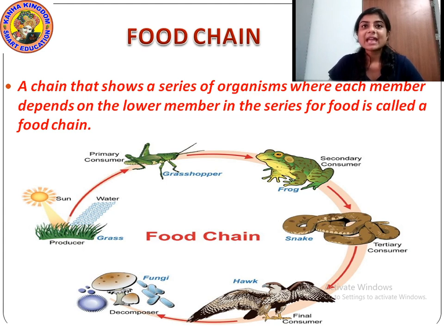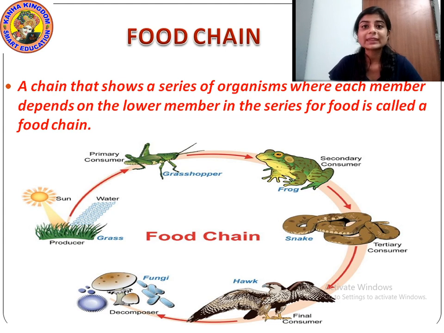See, plants are eaten by cow or insects, yes or no? Then these insects are eaten by frogs, which is higher than the insect, and this frog is later eaten by the snake, which is higher than the frog, and these snakes are also eaten by the hawk or vultures.